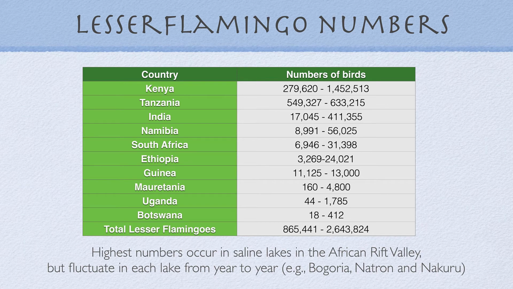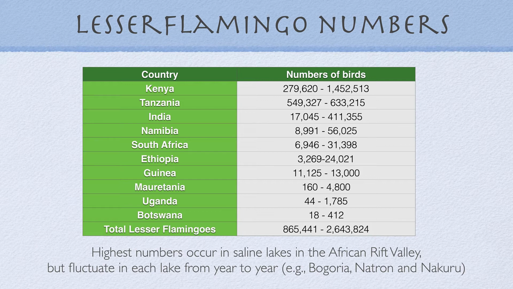And here is a listing of the number of birds that thrive in the various Rift Valley lakes of Kenya and Tanzania, as well as lesser flamingo numbers in a number of other mesohaline lacustrine settings around the world. And you can clearly see that the highest numbers occur in the African Rift Valley lakes, especially in Kenya, but also in Tanzania.